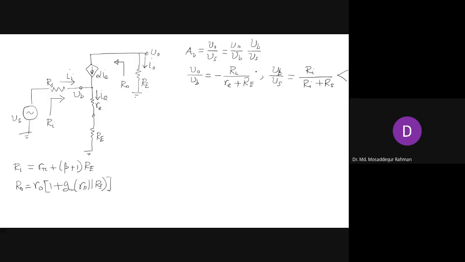So overall, the gain expression we can express like this: minus RL over re plus RE, times Ri over Rs plus Ri.